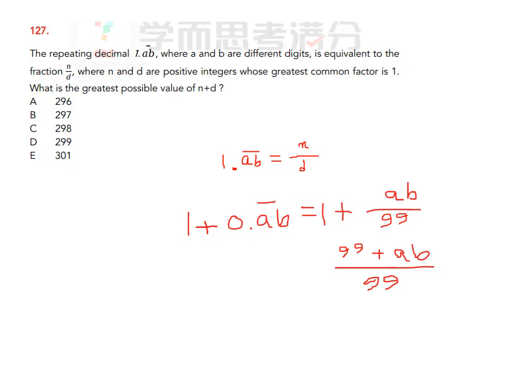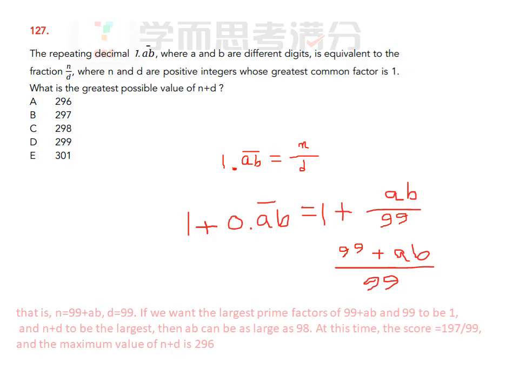But the condition is that the greatest common factor between n and d must be 1. So just get a number that is below 99. Say it is 98. Now you will get the common factor 1. You can read out the sentences.